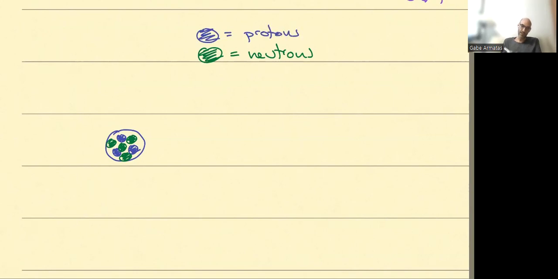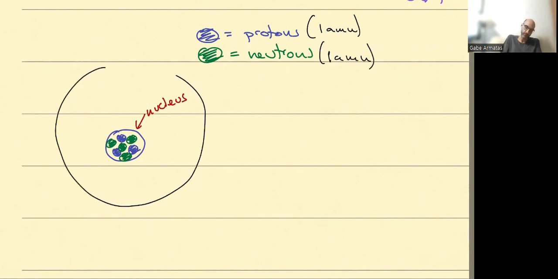Okay, so in the nucleus, I have a bunch of mass. This is where all of the mass is, right? Protons and neutrons, they all have a weight of 1 AMU. That's their mass. Okay. On the outside, I have a bunch of electrons.